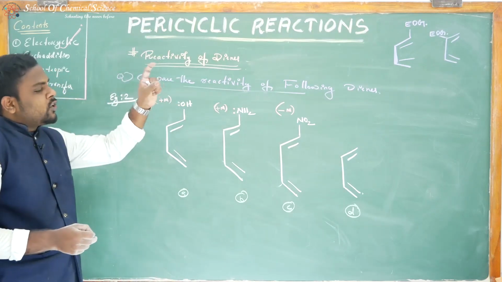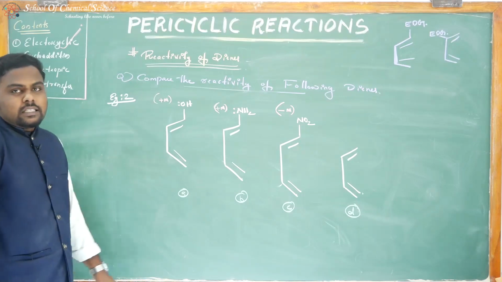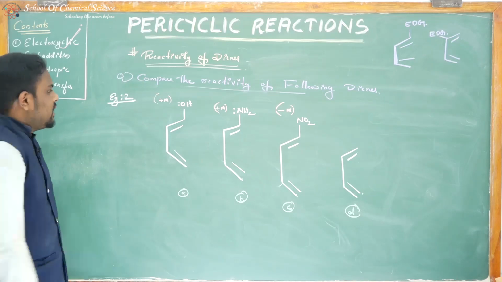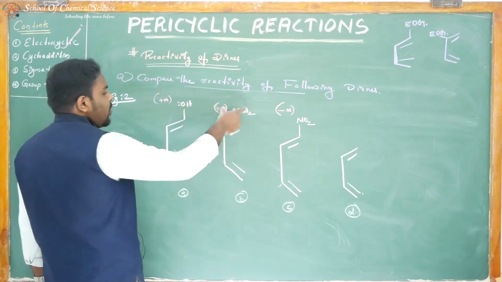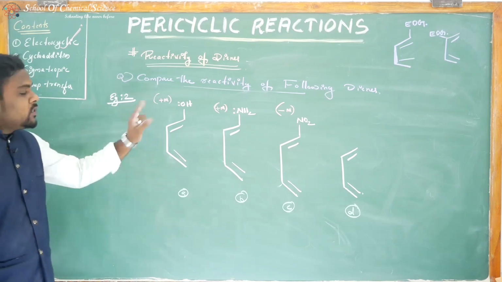Whenever an electron donating group is present in the diene, reactivity will increase. Here OH and NH2 both are electron donating. Then A or B, compare the electronegativity of these two groups.